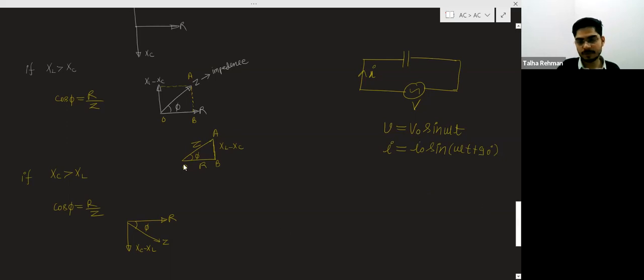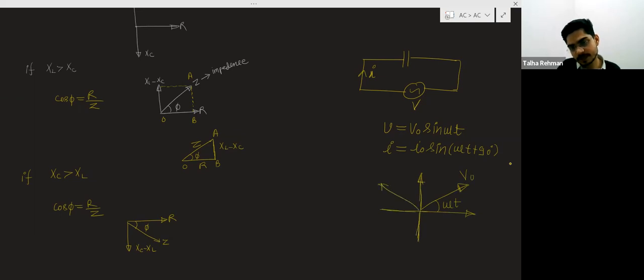Suppose this is one axis, this is another. If this is the phasor of your voltage, this is V naught, and this is making an angle omega t. The current, I have told you, will lead by 90 degree.